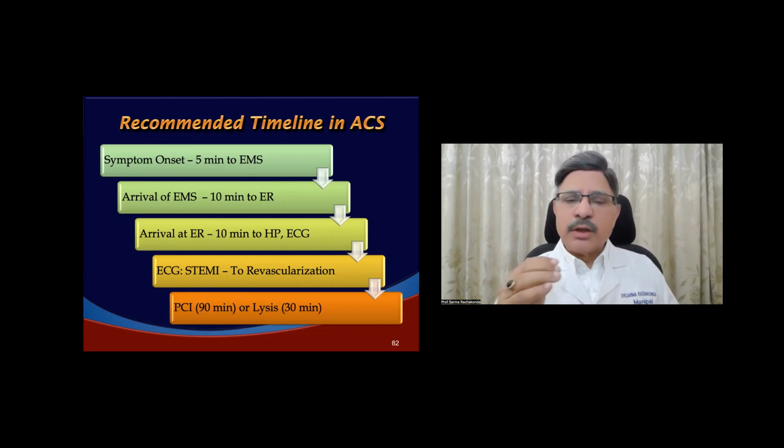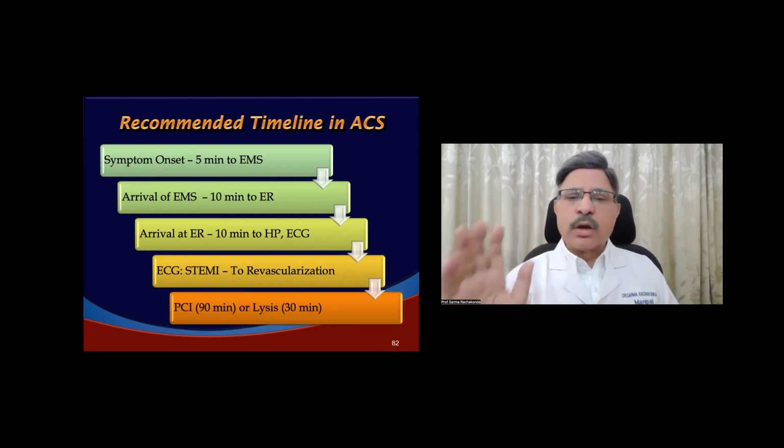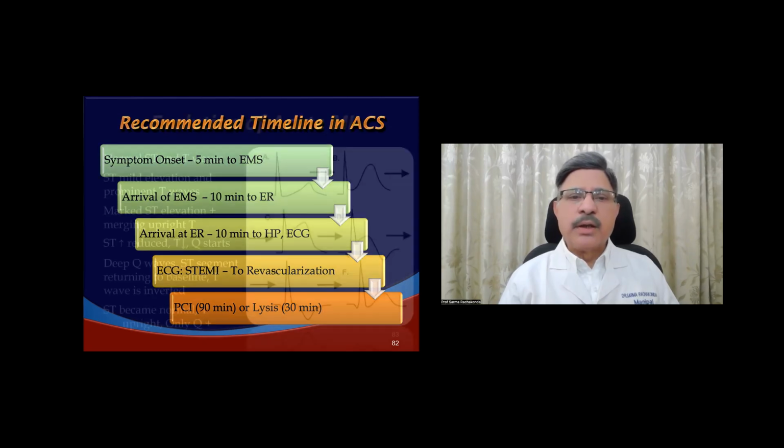Whether you physically use a thrombolytic agent and revascularize, or you go into the coronaries and open them up, is the choice. But for primary coronary intervention, if the procedure can be completed within 90 minutes, you opt for it. Otherwise, lysis: you can complete the lysis in 30 minutes.